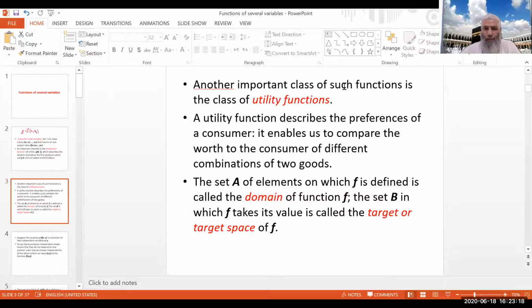Another important class of such functions is the class of utility functions. A utility function describes the preferences of a consumer. It enables us to compare the worth to the consumer of different combinations of two goods.